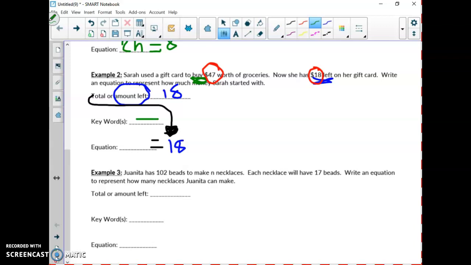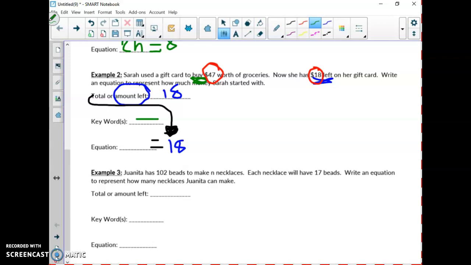We're subtracting, okay? But what am I subtracting these $47 from? Do I have a number that represents that? No, I don't. So what am I going to use to represent this unknown number that I have? I should be using a variable. Very good. So I'm going to just use the letter X.